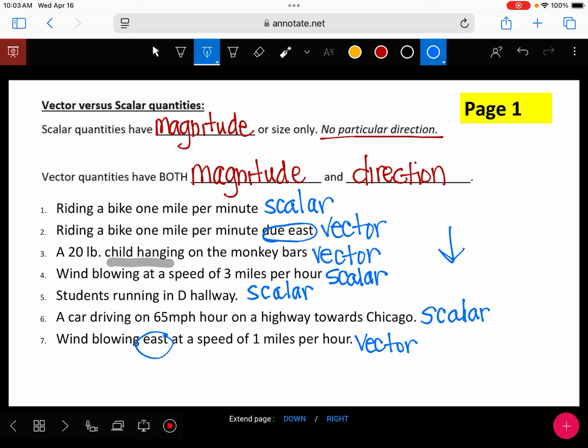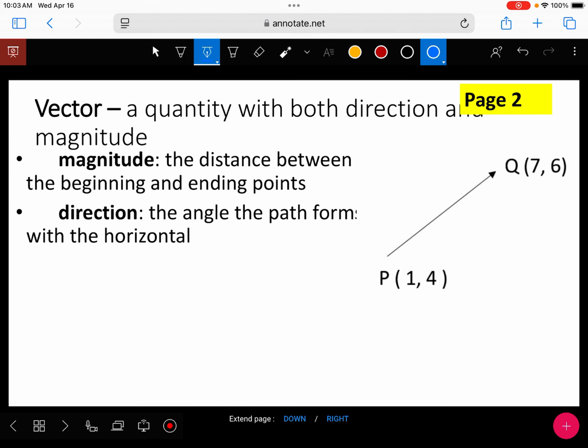All right, moving on to page 2. There's a couple of formulas that we need to make sure you have in your notes. So in the corner there, you should have an area to write these formulas.